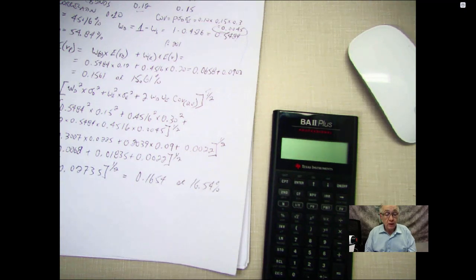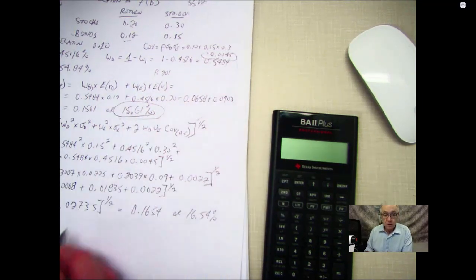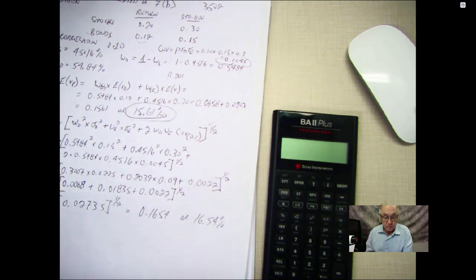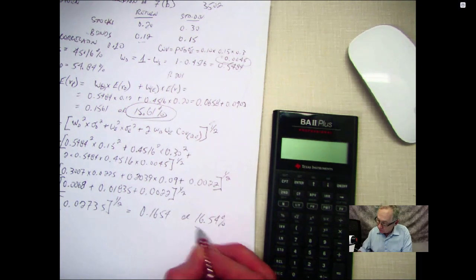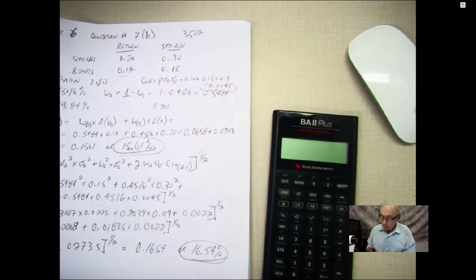Yes, there we have it. So our answer sheet tells us the expected return is 15.61%, and the standard deviation 16.54%. So we have a couple of observations to make too.